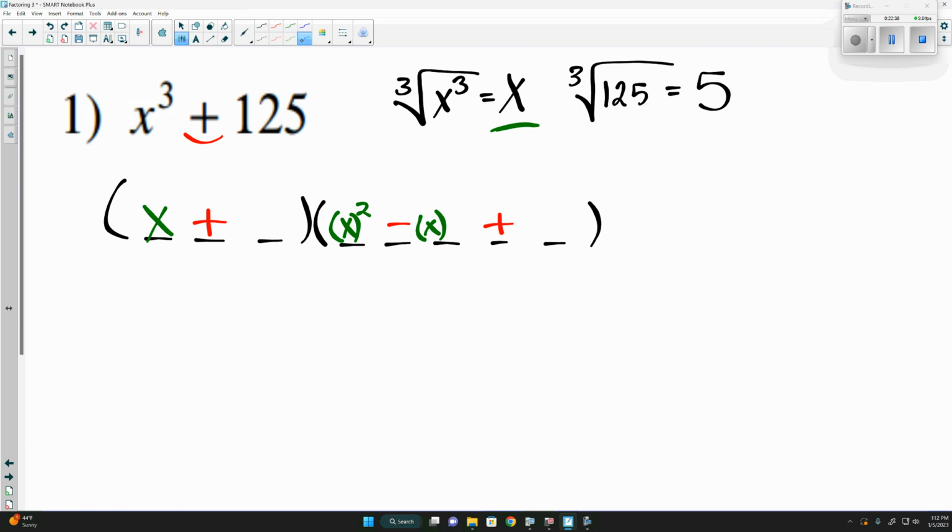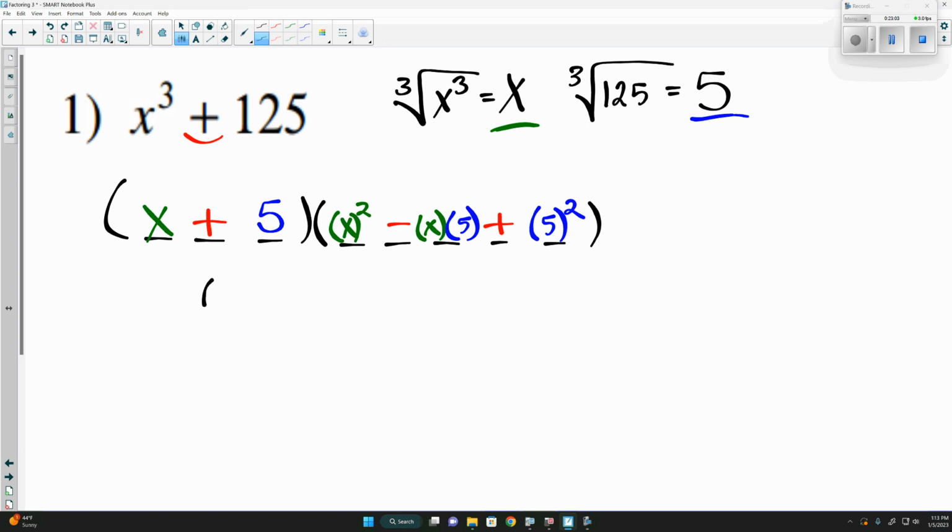Now our second term is 5. So inside our first set of parentheses, we'll have 5 to the first. We don't put anything with the x squared because technically it is 5 to the 0, which is multiplying by 1. Doesn't change anything. And the middle one will have 5 to the first. And the last one will have 5 squared.